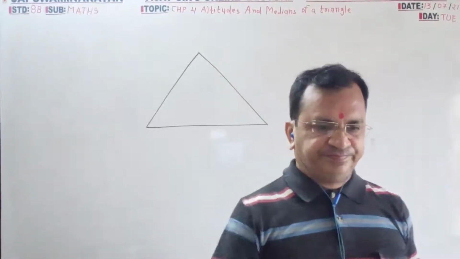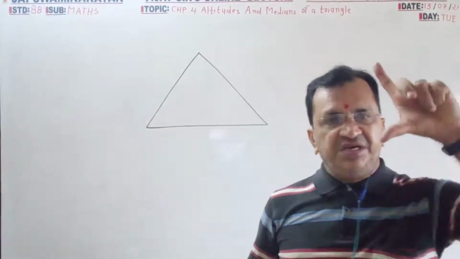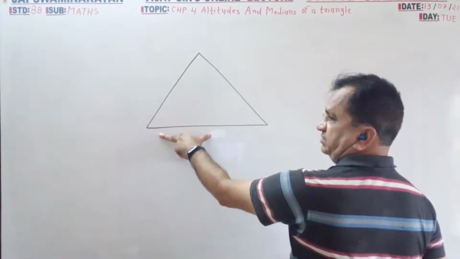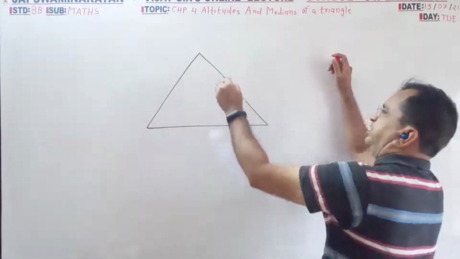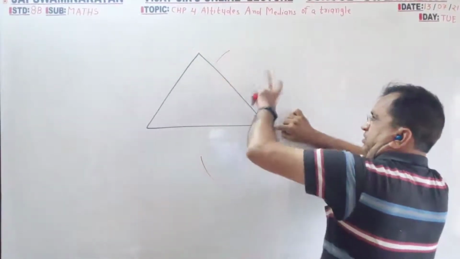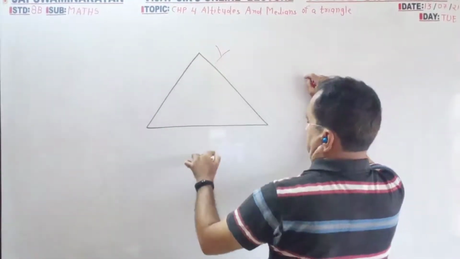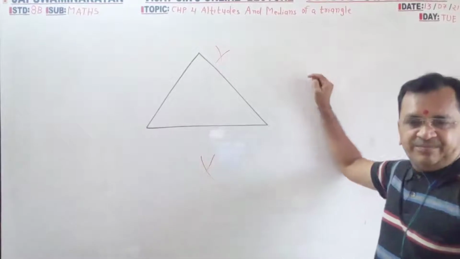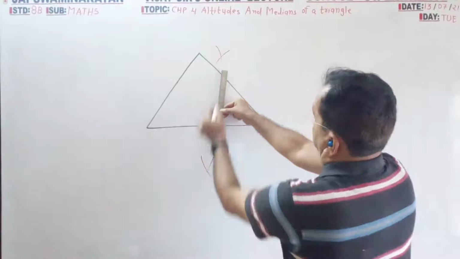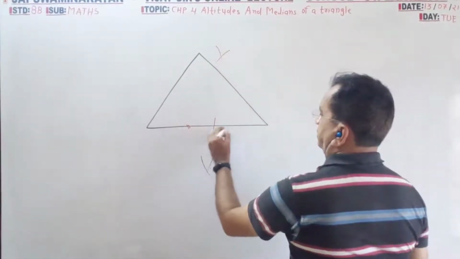Now take an arc, a big arc, more than half of the base. Now from here take one arc up, one arc down. From this 1, 2, 1, 2. From here 1, 2. Put a scale on both this and this and just cut this. So this is your midpoint.